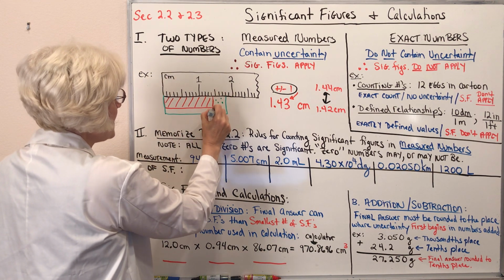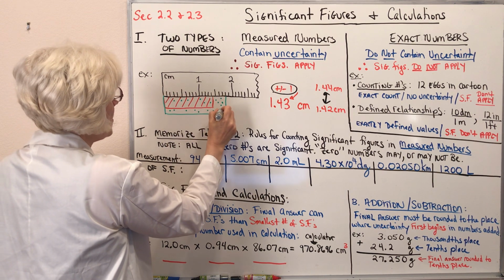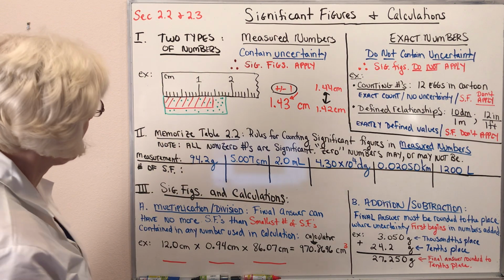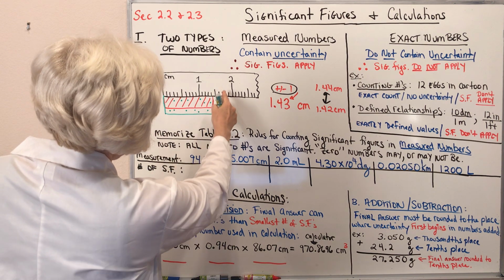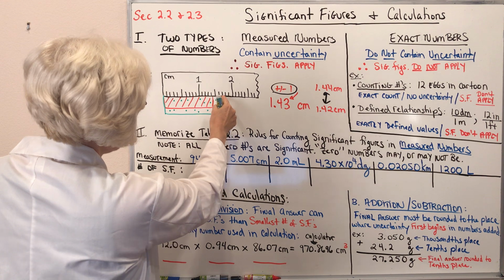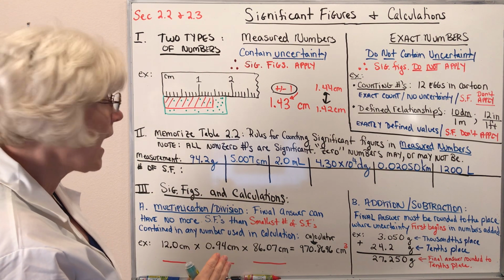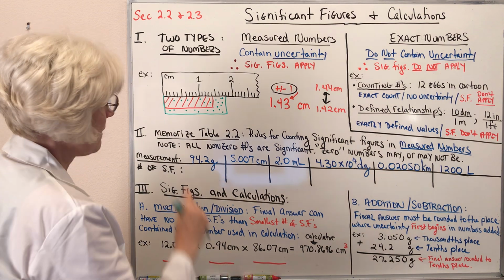And let me just add some dots here so it stands out a little bit more. Right, so I'm trying to draw the end of this second object flush exactly on a hash mark. How would we express that length?